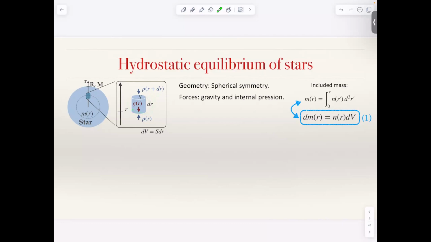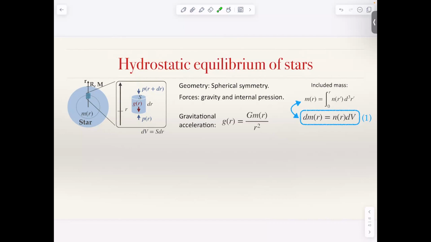And I described hydrostatic, so I don't really care about everything that compensates. But the two forces which do not compensate exactly are the one from the bottom and the one from the top, because they don't originate from the same position. Okay, one is at r and the other is at r plus dr.